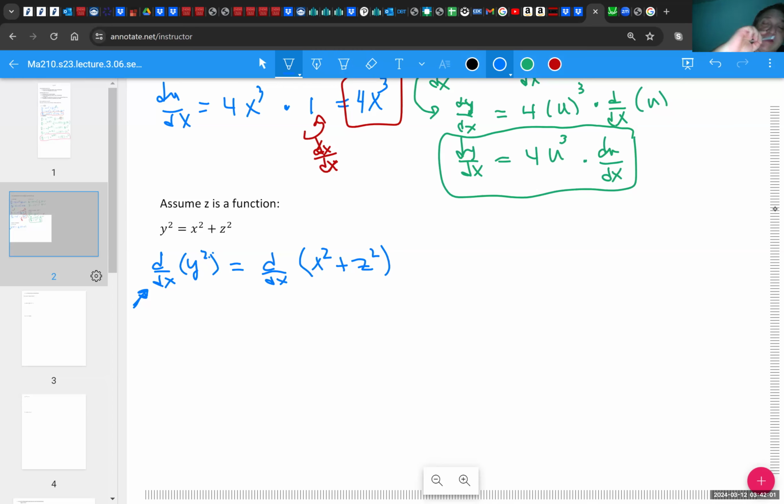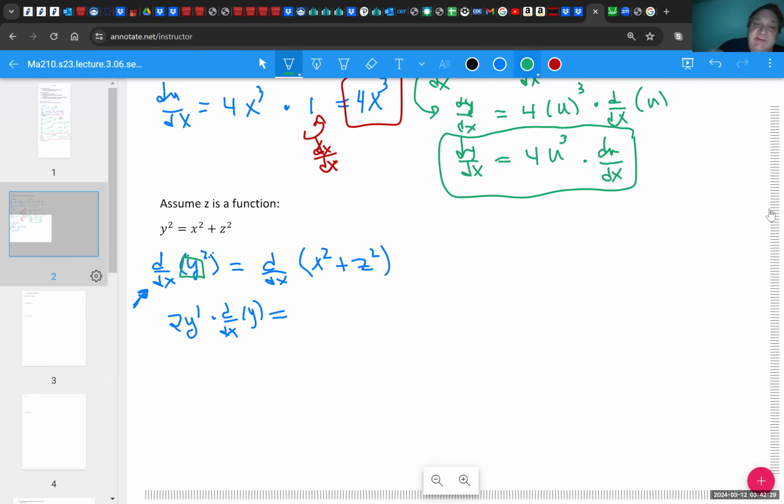The derivative of y squared, well, we know the derivative of a power function is 2y to the first power. And then we need to multiply by the derivative of the inside function, which is the derivative of y. I will box this just to make sure visually you see what's going on. That's a thing squared. So the derivative of thing squared is 2 thing to the first power times the derivative of thing.